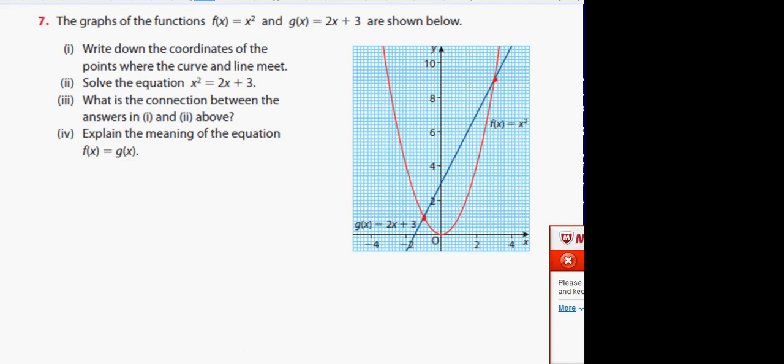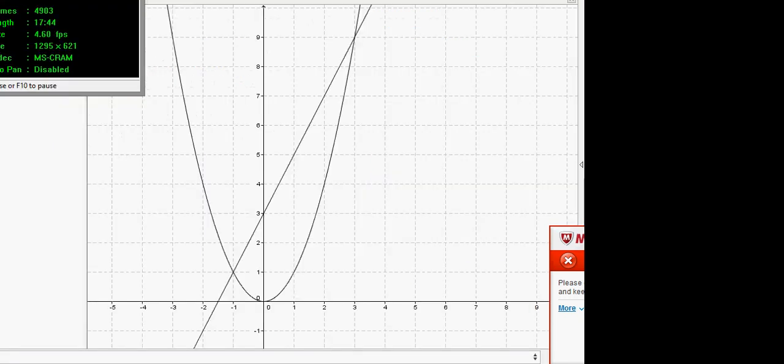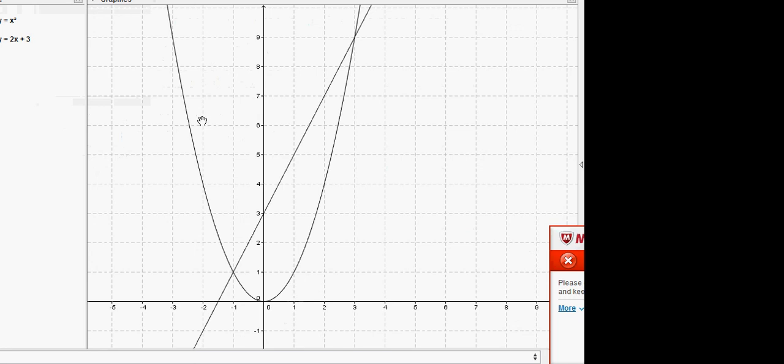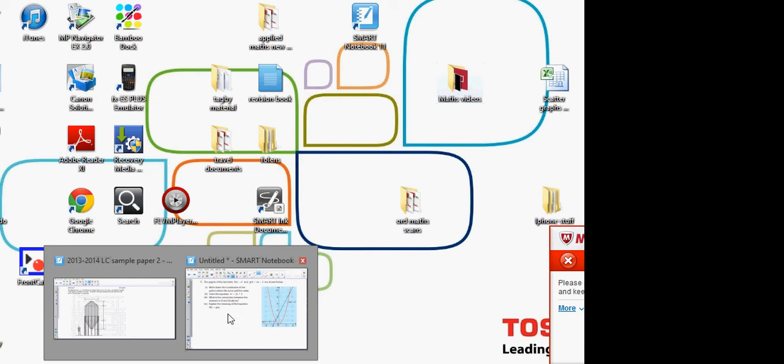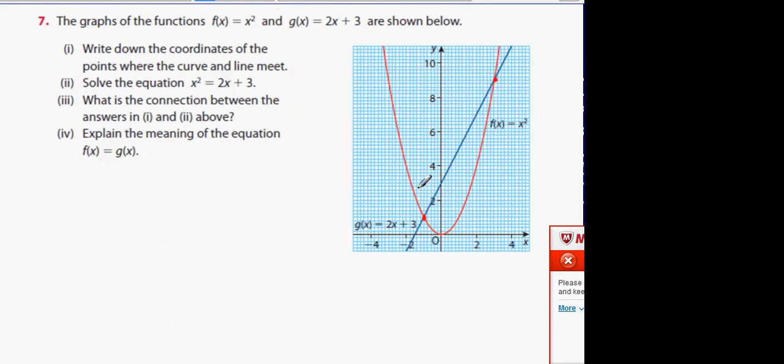I drew out this graph on GeoGebra, and what we can see is that on GeoGebra it's going to be -1, 1 and 3, 9. Is that alright? -1, 1 and 3, 9. Okay, so this is -1, 1, and this one here is 3, 9.